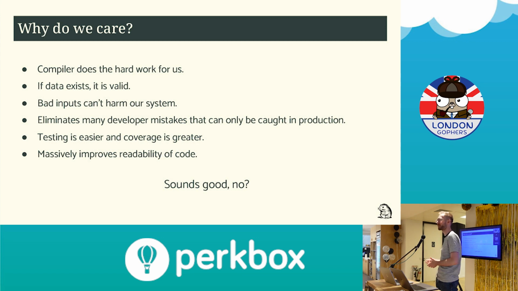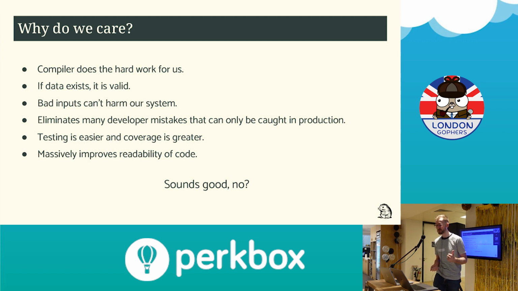Why do we care about any of this? Why do we want to make writing types harder and more arduous for us than it seems to be already? Well, if we can get the compiler to do a load of work checking errors for us, that reduces a huge class of things that can go wrong in production at runtime. We know that if data exists, it is valid. Bad inputs simply can't harm our system because they are not allowed to exist, and that chucks away a load of developer mistakes that we're all very familiar with.